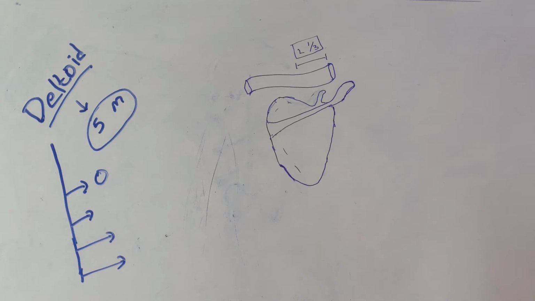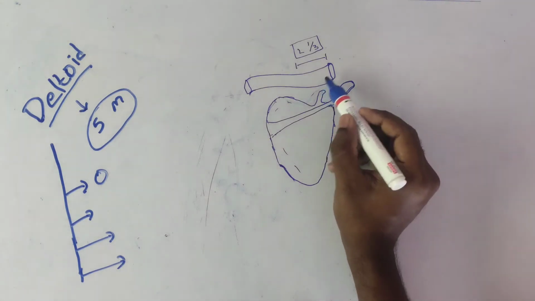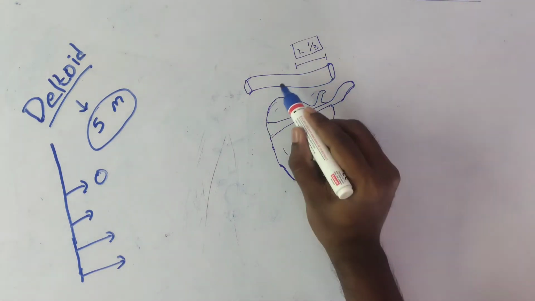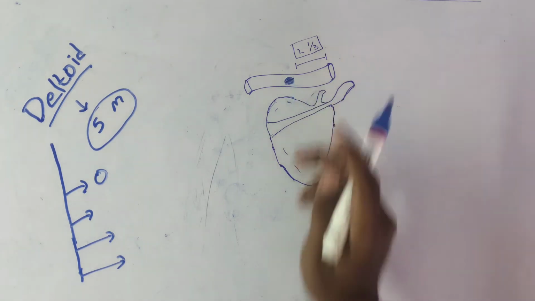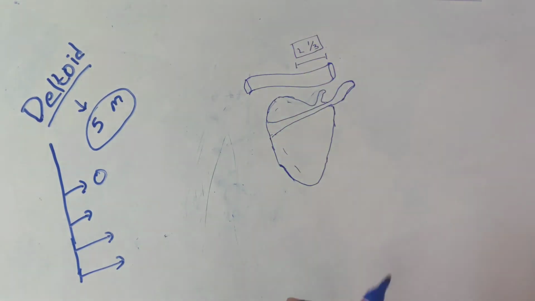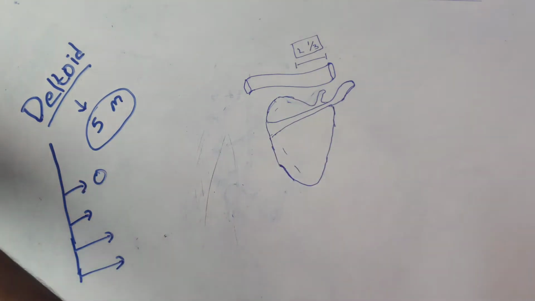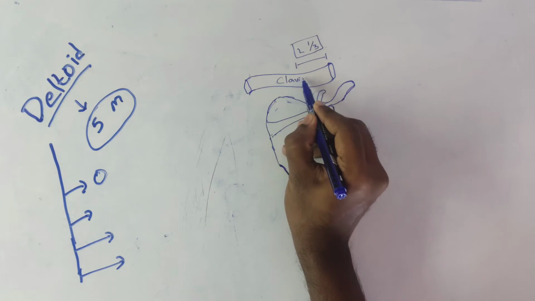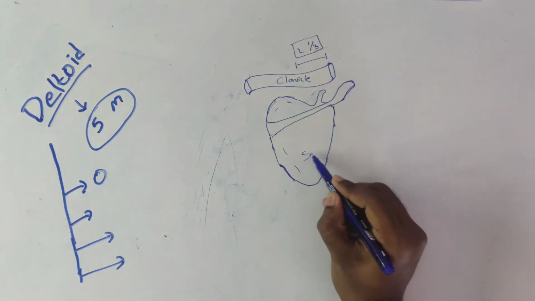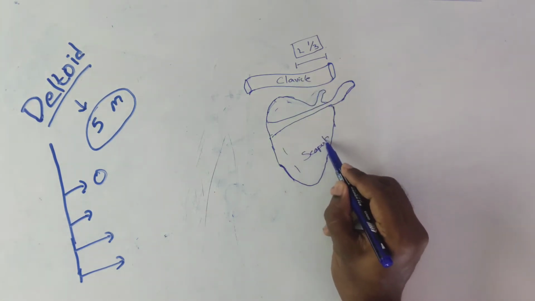See, the deltoid muscle origin takes place at the anterior border of lateral one-third. See, this is the scapula. I'm sorry. This is clavicle. I will write here. This is clavicle. And this is scapula.